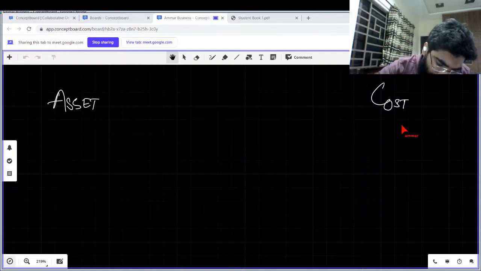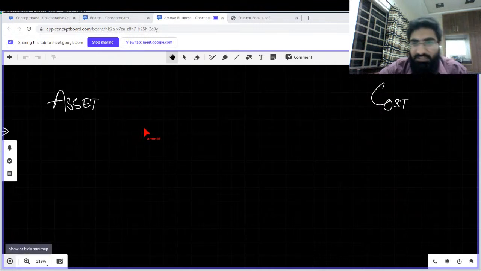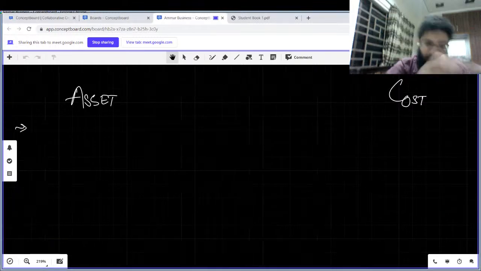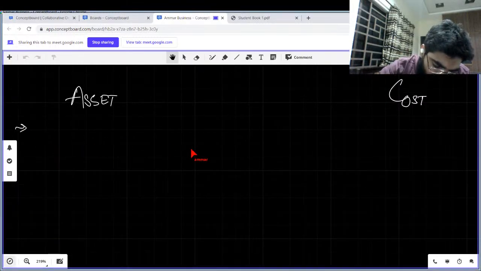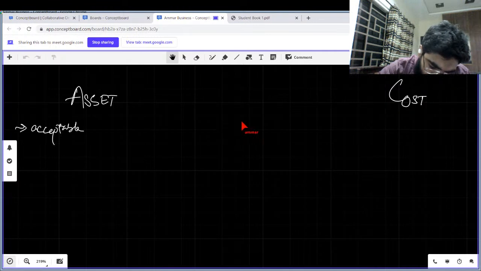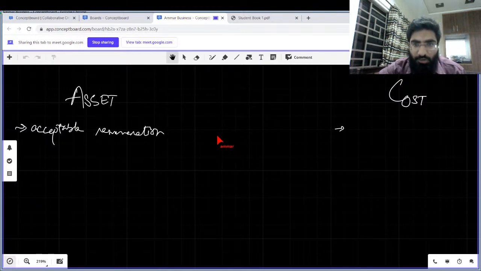So the first point is higher salaries, or you would say acceptable remunerations. And in case you're treating them as a cost, then you will try to minimize your cost, with as low remuneration as possible.